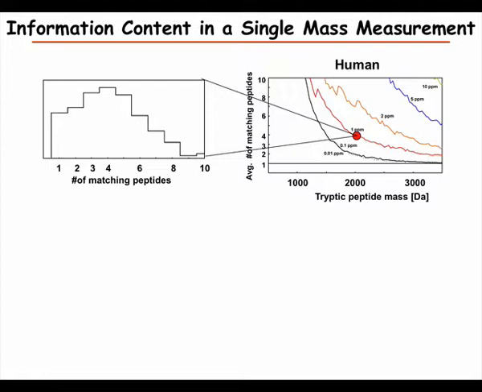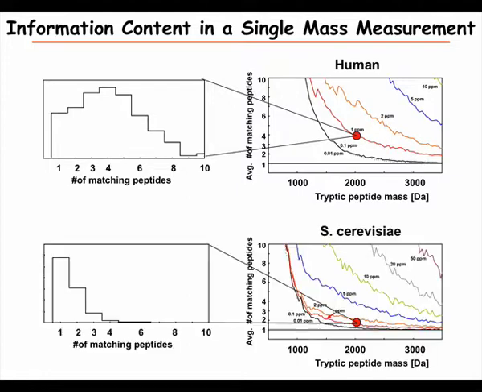That's why at that point we don't get any more improvement. And if we do this for an organism with a smaller proteome, we get a much better accuracy. At the same 1 ppm accuracy and tryptic peptide mass of 2000, most of the time it defines a single peptide.